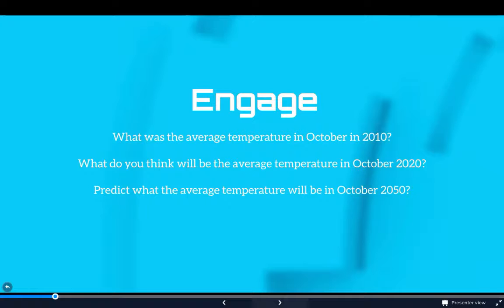And if I ask them about Monterey, California specifically, what do you think will be the average temperature in October 2020? They might say, I don't know, 52 degrees, 57 degrees. And then if I ask them to predict what the average temperature will be in October 2050, there's been a wide variety of answers from students.